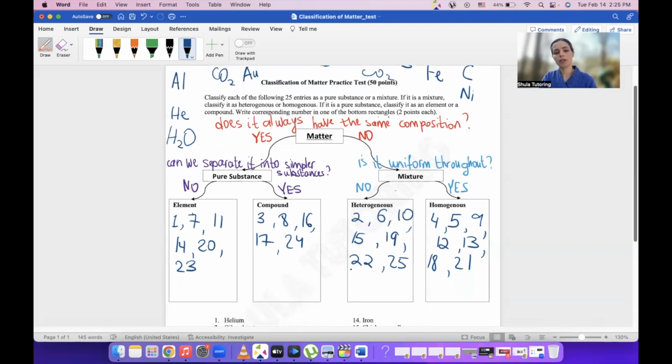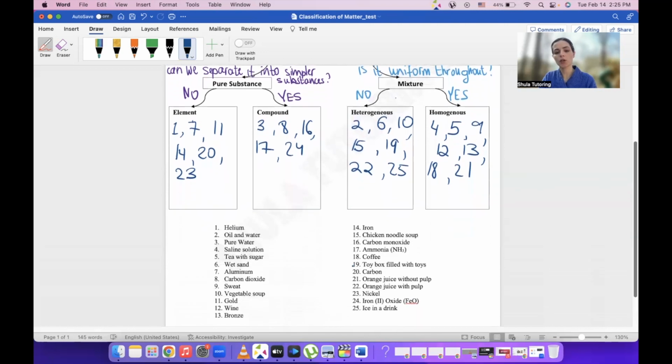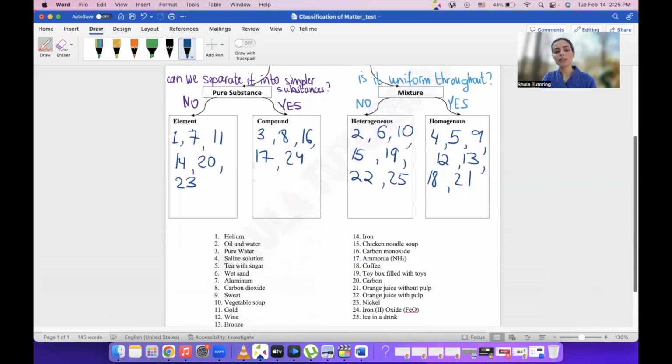So most of the heterogeneous mixtures here were liquid mixed with solid, like for example chicken noodle soup, right? So you have broth, and there you have noodles and chicken that are mixed in there, and that's like liquid and solids mixed together. They are in different states of matter, so they can't possibly mix evenly, right?